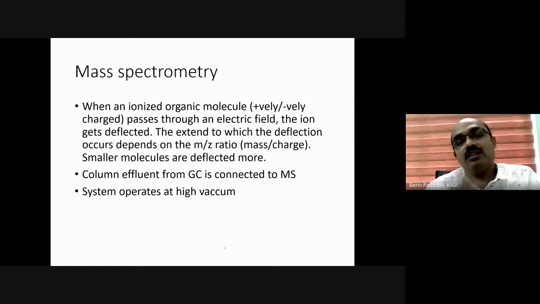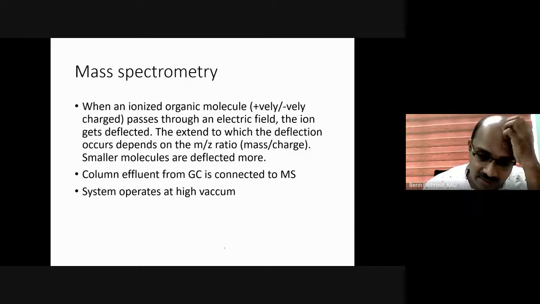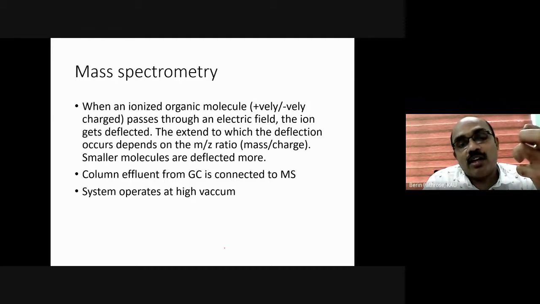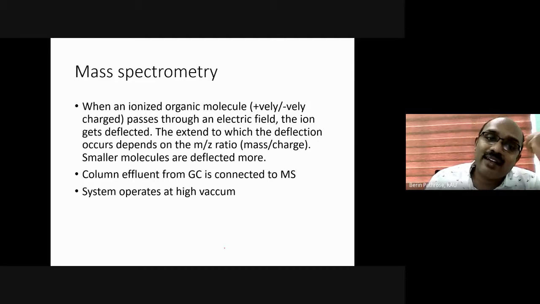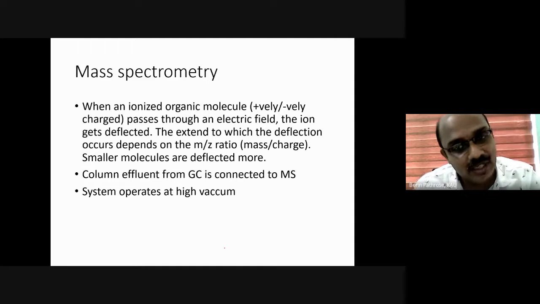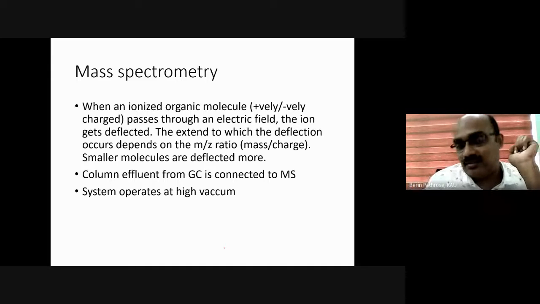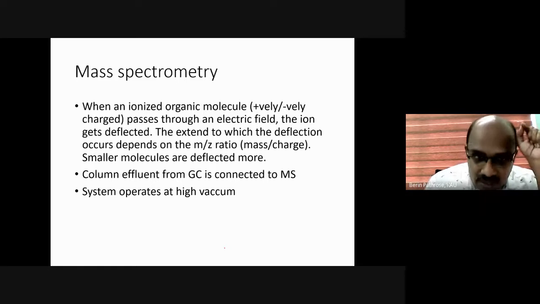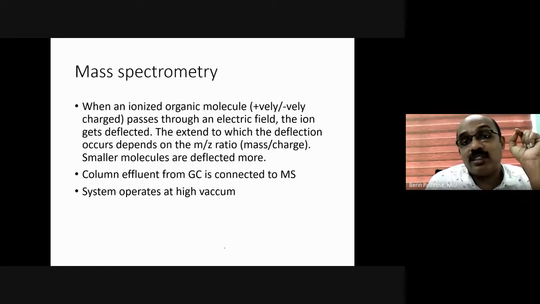I will repeat: it can measure molecular weight and atomic weight only when that atom or molecule is in the ionized state, either positively or negatively ionized. So spectrometry is a technique to measure molecular weight or atomic weight in the ionized state. Okay.